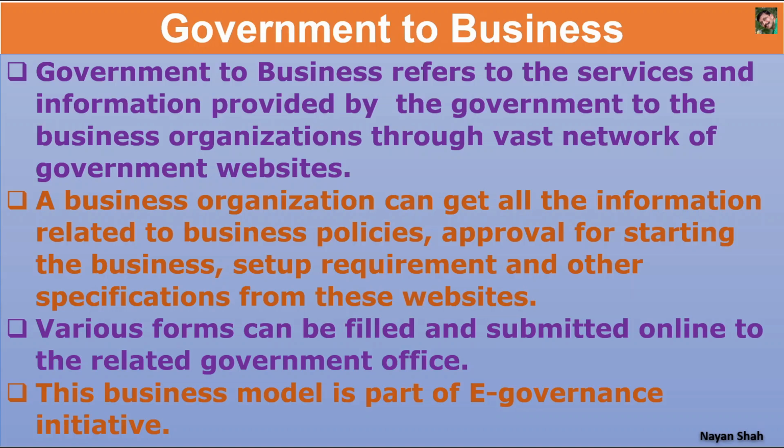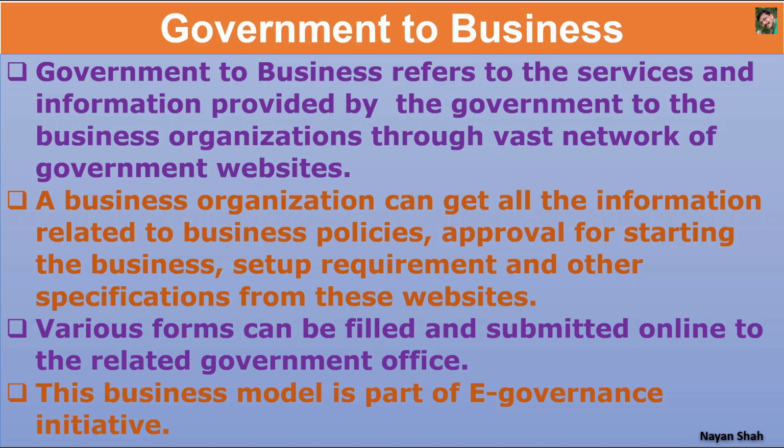Government to business refers to the services and information provided by the government to business organizations through a vast network of government websites, where the government keeps all the information for business houses: how to start a business, what documents are required to get government permissions, and other things. A business organization can get all the information related to business policies, approval for starting the business, setup requirements, and other specifications from these websites.